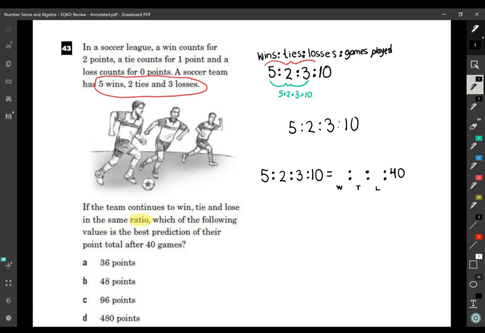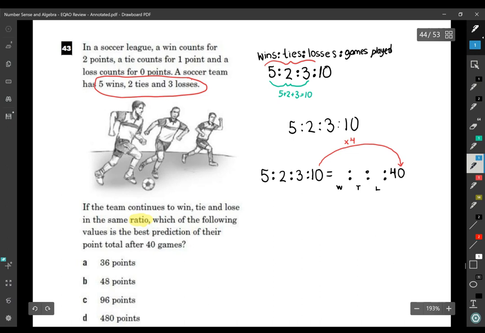So we have to create an equivalent ratio. I'm looking at the scale factor going from one ratio to the other. In games played, I'm going from 10 to 40, so I'm multiplying by 4. That's what I have to do for each of these other placeholders in the ratio.